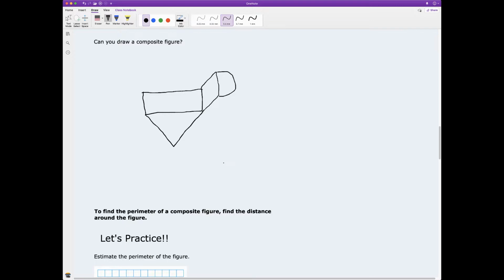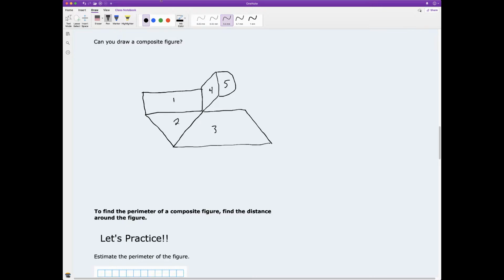Let me try one more figure that we've learned about previously, a trapezoid. So here's my composite figure. It's this whole thing, and I've got 1, 2, 3, 4, 5 different figures.